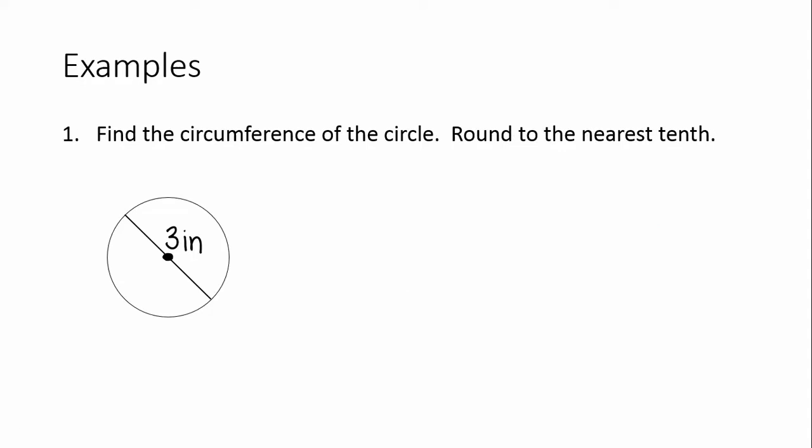The first example: find the circumference and round to the nearest tenth. We are given the diameter. When you're given the diameter, it's probably easiest to use the pi times d formula. So that's pi times 3. You'll need to get your calculator because remember we are using the pi button. We are not using 3.14.